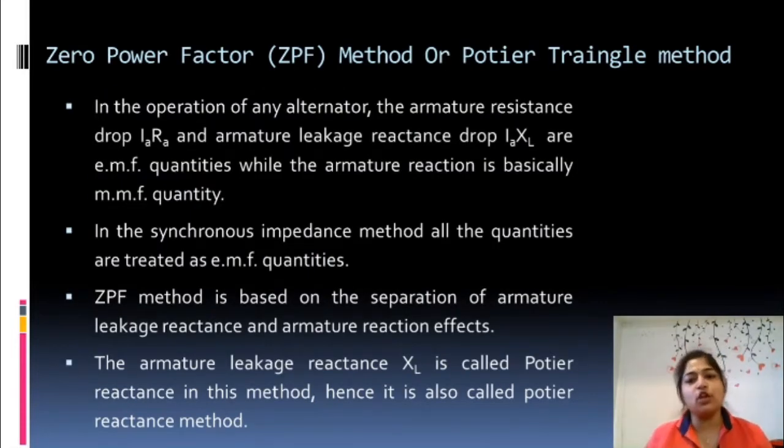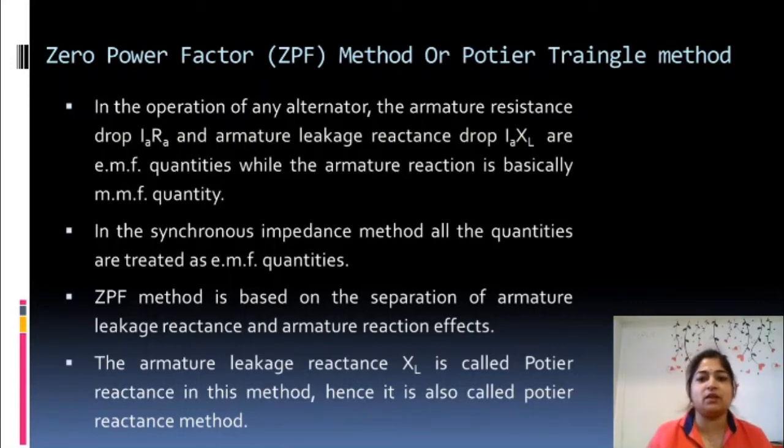In operation of any alternator, the armature resistance drop, that is IARA, and armature leakage reactance drop, that is IAXL, are EMF quantities, while the armature reaction is basically an MMF quantity. Now in the synchronous impedance method, all three are taken as EMF quantities, and that is why we get more EMF induced than usual and more voltage regulation than usual.